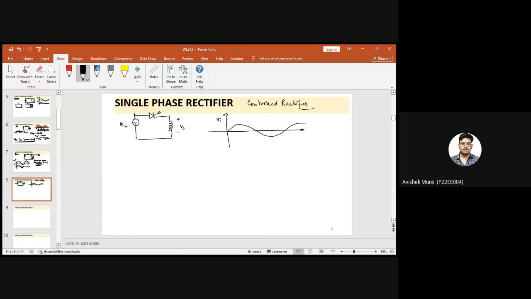In case of SCR, last day I discussed that SCR will trigger after a certain angle. If you consider the gate current, after a certain angle the gate current will conduct.